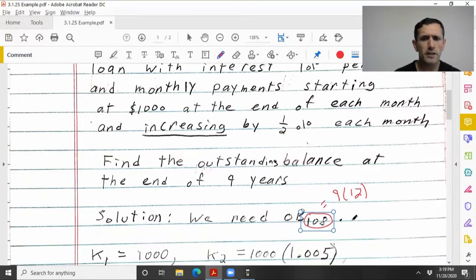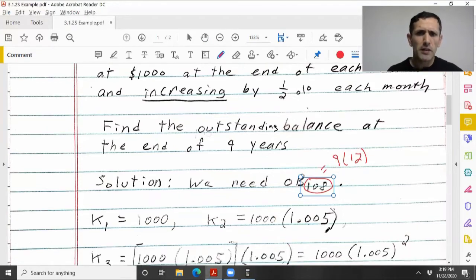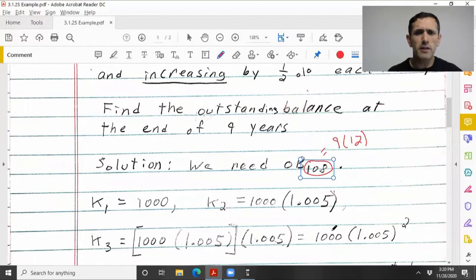Let's first get the formula for the payments. K1 is just the first payment, which starts off at 1,000. Then it increases by 0.5%, so it's times 1.005. If it was 5%, it would be 1.05, but it's 0.5%, which is 0.005, so it's 1.005. Then that increases by 0.5% again, so the pattern should be pretty clear.